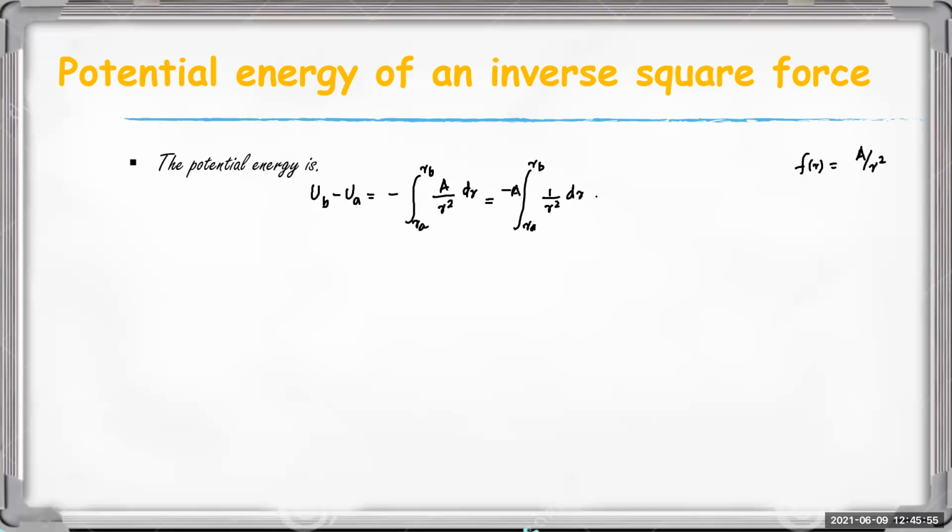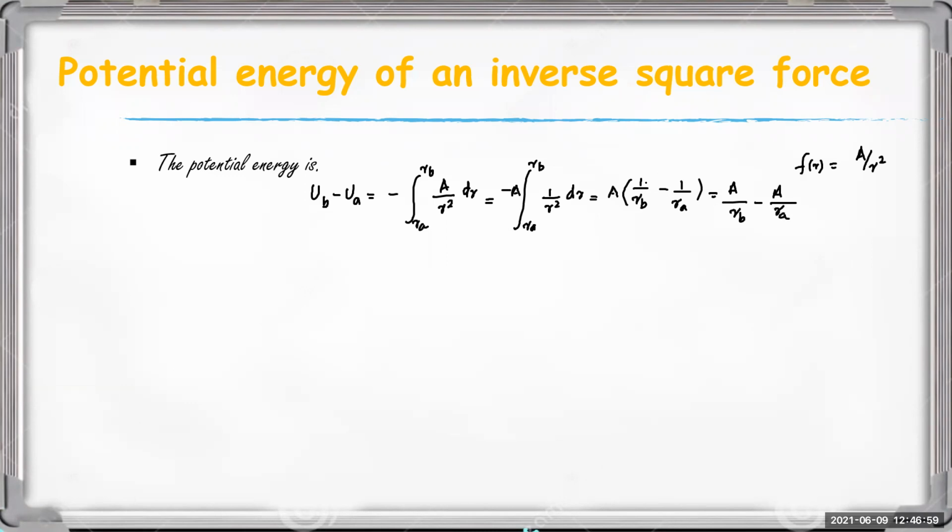After integration, the minus signs cancel, and we get A times the quantity 1 by r_B minus 1 by r_A. So we write A divided by r_B minus A divided by r_A.